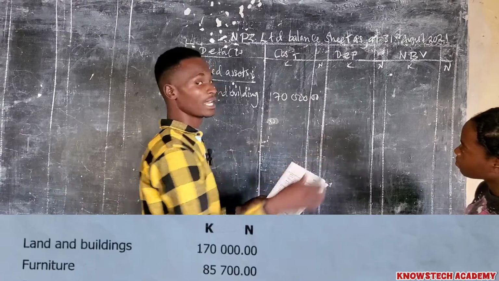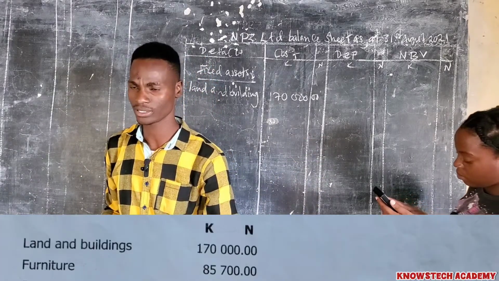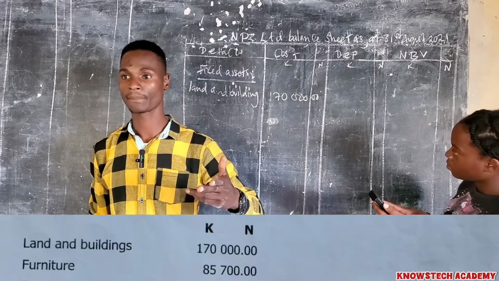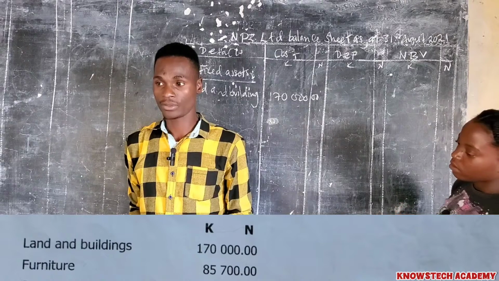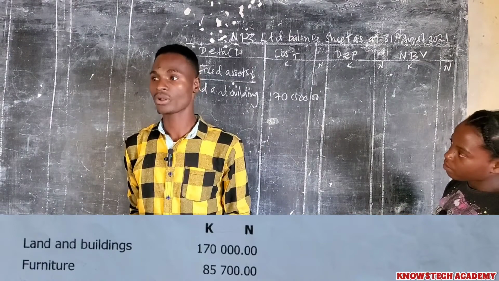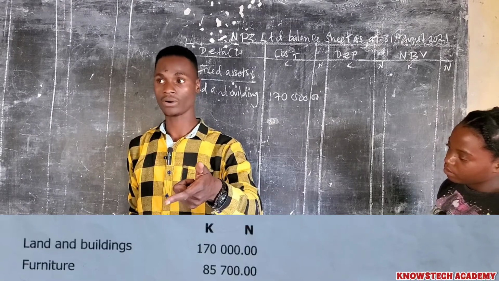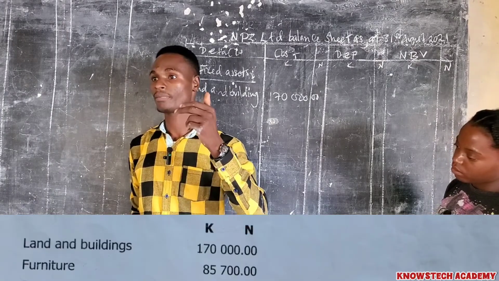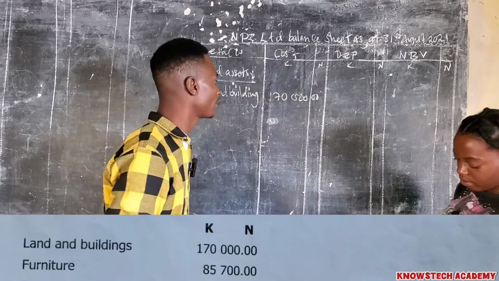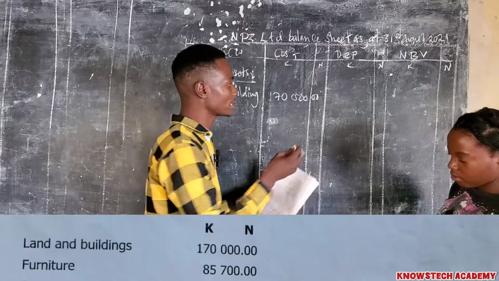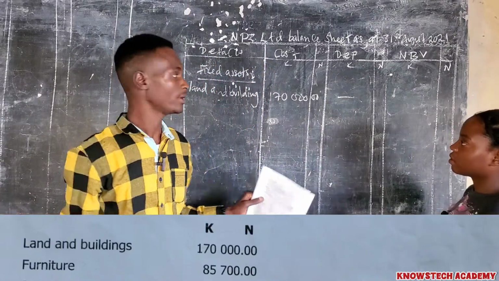Now, depreciation is the loss in value of an asset over time. If you purchase a motor vehicle today, you're not going to sell it at the same price in the next 10 years, for it has lost value. But according to this paper and our level of education, there's no depreciation here. No loss in value.